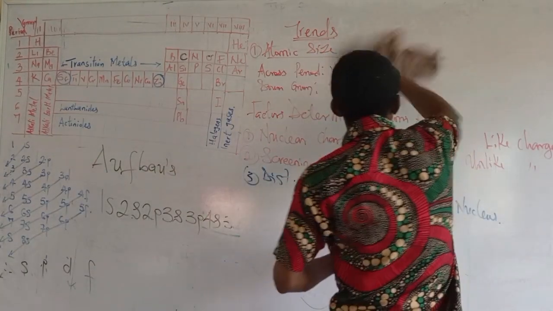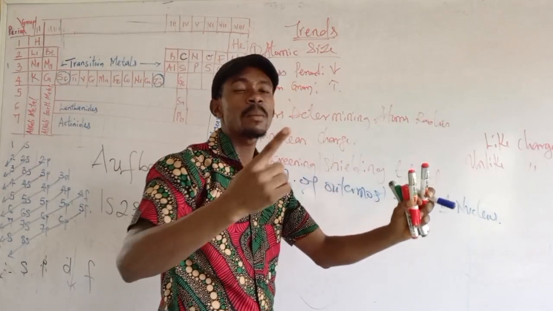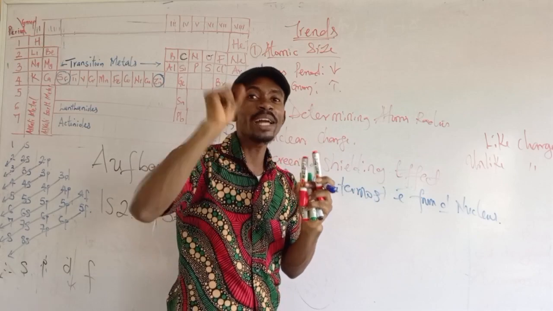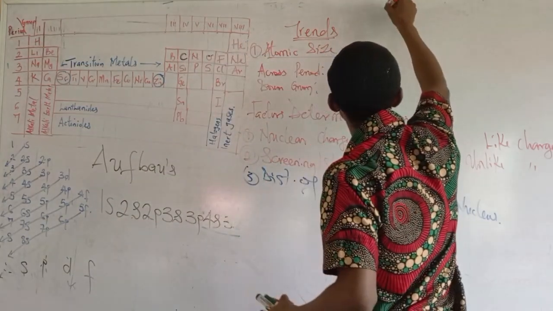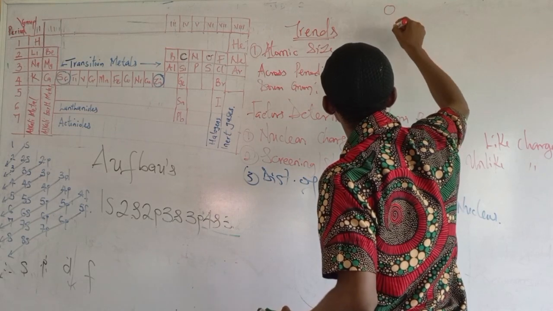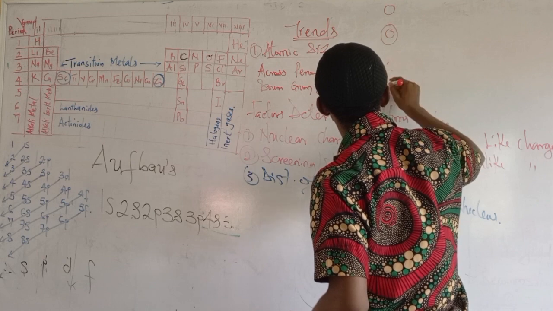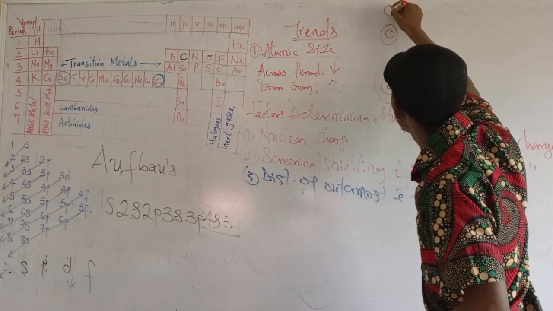Now, of course, across a period, there is a progressive increase by 1 electron. But down a group, there is a progressive increase by 1 shell. So if this is down the group, the first one has 1 shell, the second we have 2, the third we have 3. So this one we have 2 electrons.